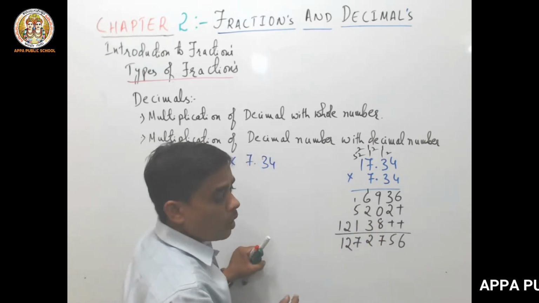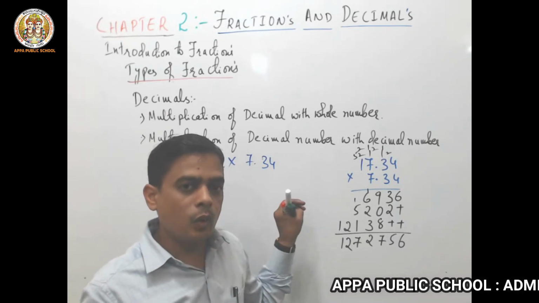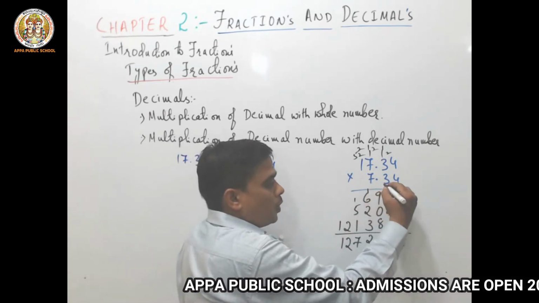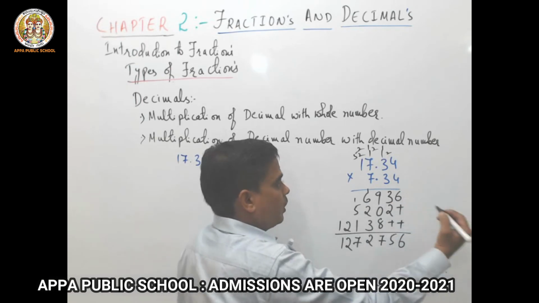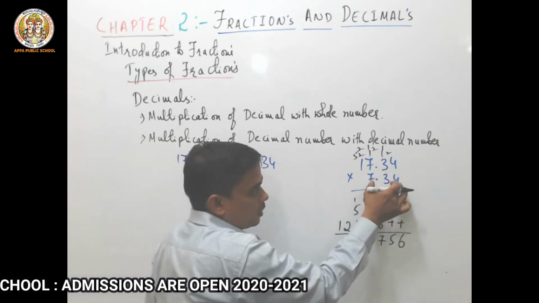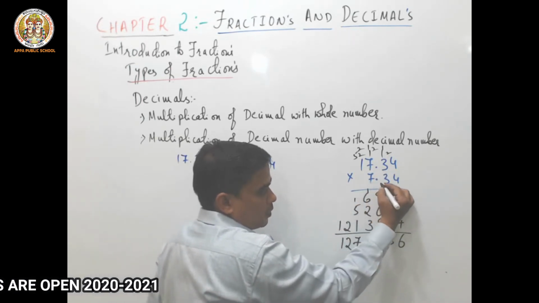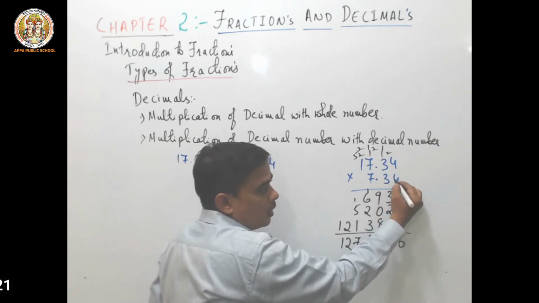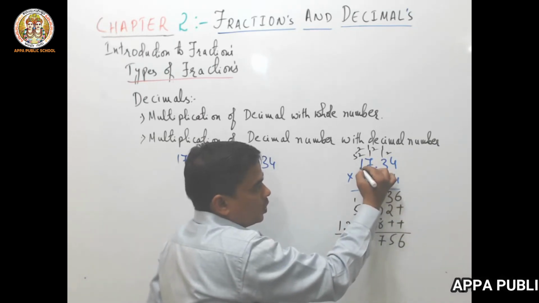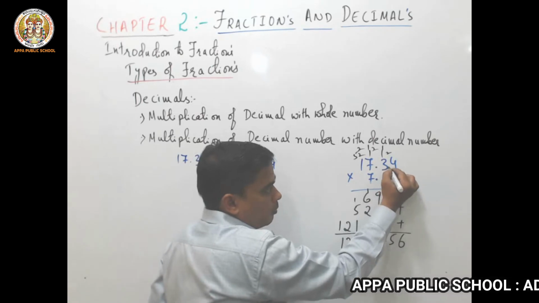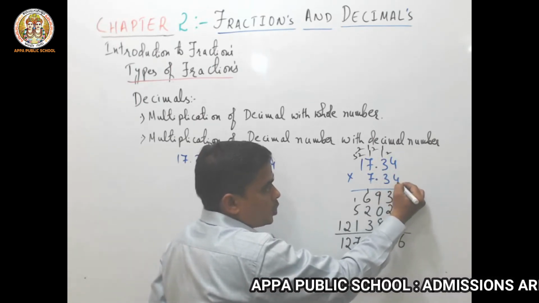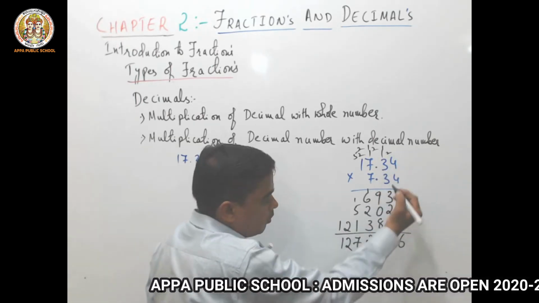Right? So now how to place a decimal point if there are two decimal numbers. See, what you have to do is start counting from the right. In this decimal number, after the point how many numbers are there? Two numbers are there. Here also after the decimal point two numbers are there. These two plus these two, how much will it be?